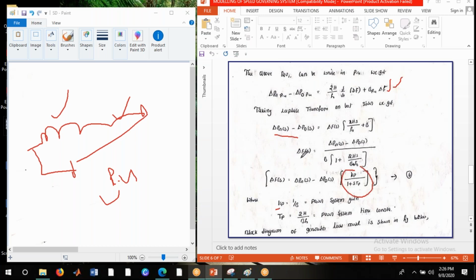Now, by using this equation, let me see how the generator block diagram will come. By using this sixth equation, I am going to draw the block diagram.